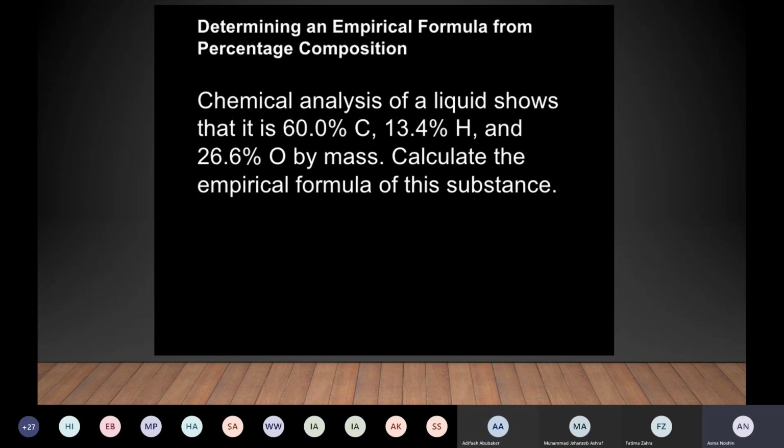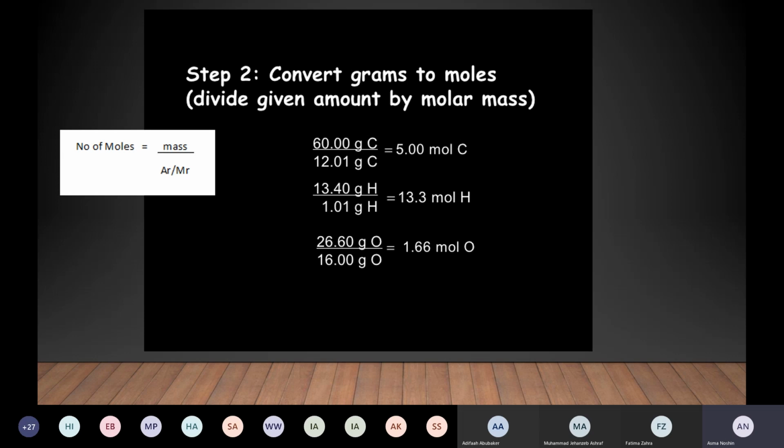If no compound is given, you have to use the atomic masses of the element itself, from the periodic table. You take the masses of the element from the periodic table, and you have to divide by that.